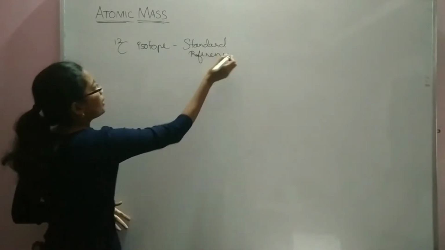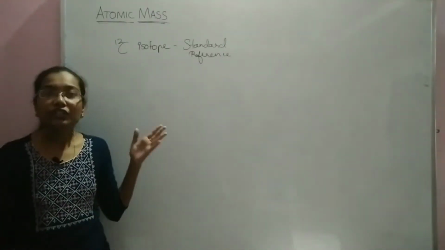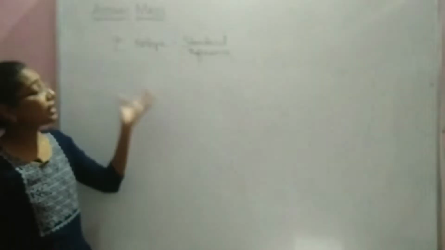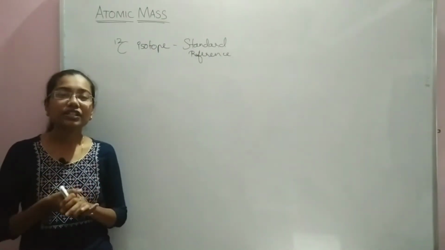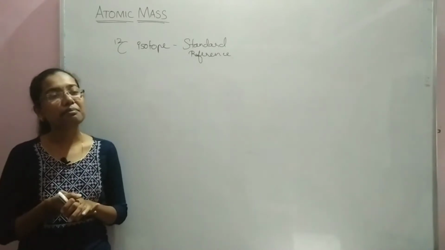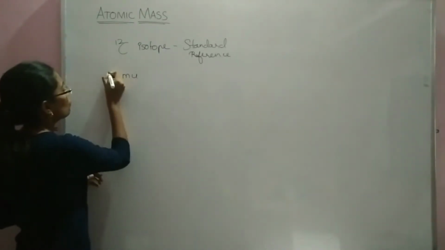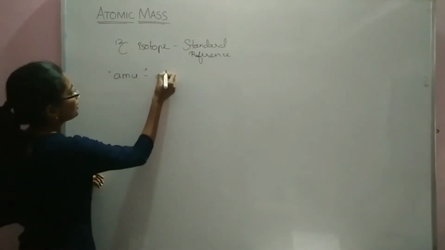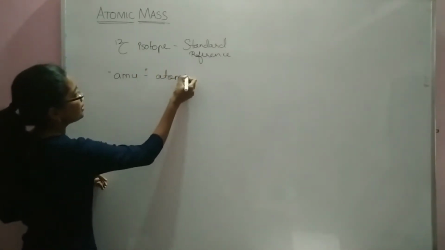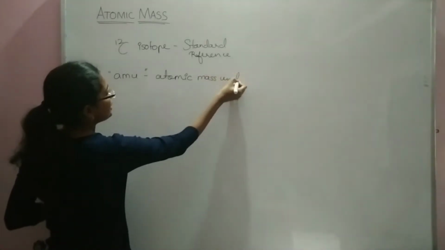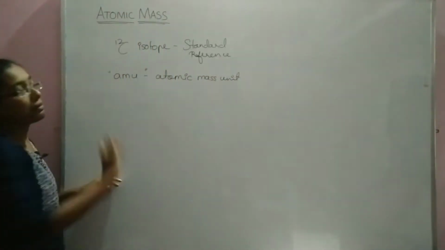Okay, and we have one unit also to measure or to state the atomic masses. That unit is called the atomic mass unit, which is abbreviated as AMU, the unit of atomic mass.